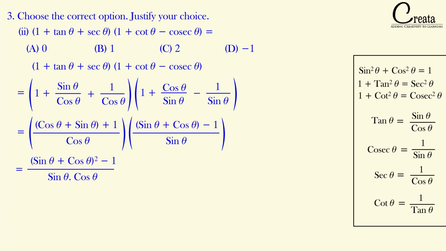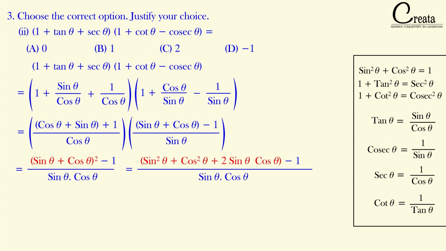Got it? We have simply applied the formula of (a plus b) into (a minus b). So let's open the square. (Sin theta plus cos theta) whole square will be sin square theta plus cos square theta plus 2 sin theta into cos theta. Simply we have opened the square: (a plus b) whole square is a square plus b square plus 2ab. Here sin square theta plus cos square theta resembles the first trigonometric identity, which is sin square theta plus cos square theta is equal to 1.